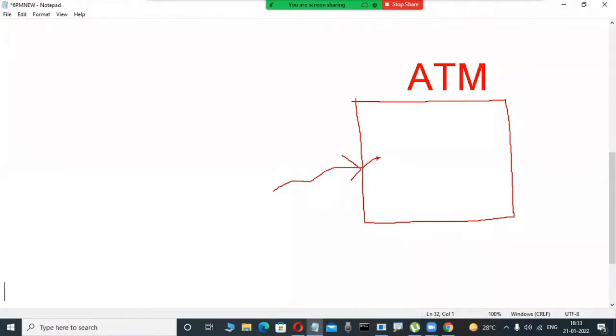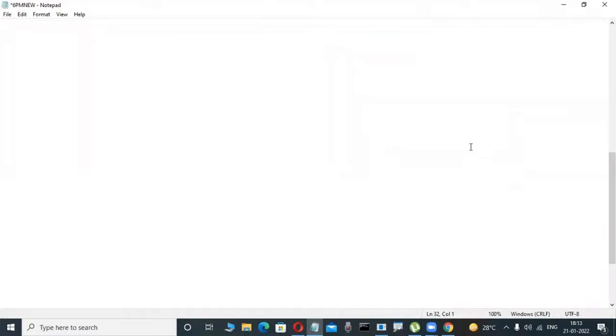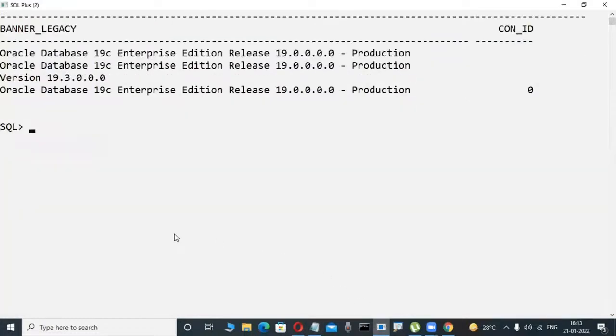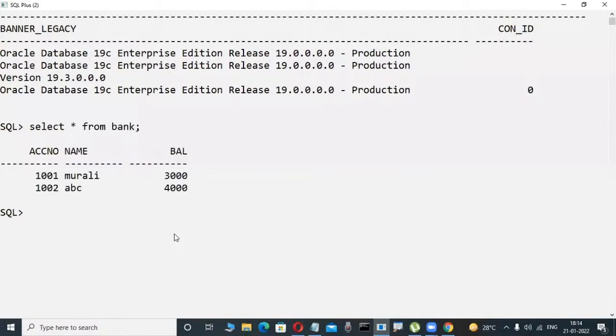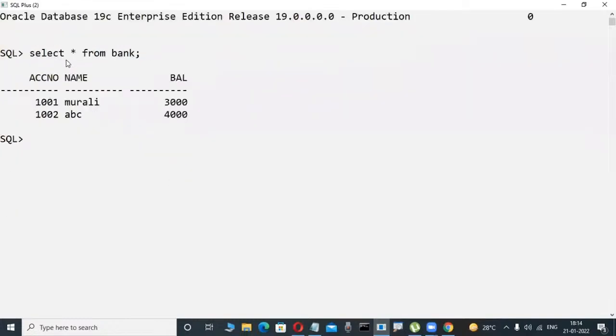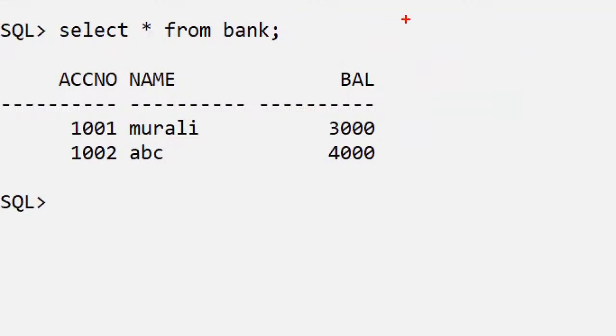Now check it out. Slowly observe the screen. Suppose in this database, bank is a table, for example. Just observe the scenario, it is very easy to understand. This is a bank table. In table format we store the data.